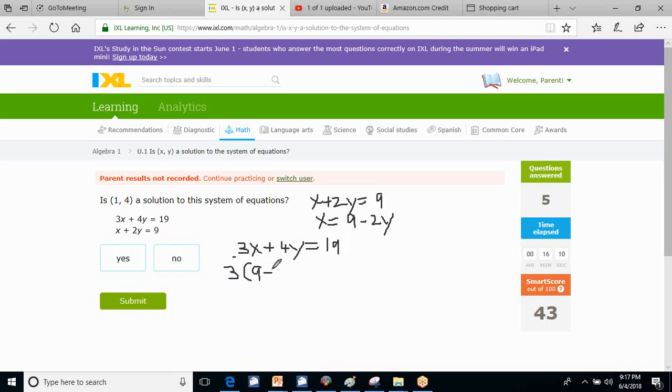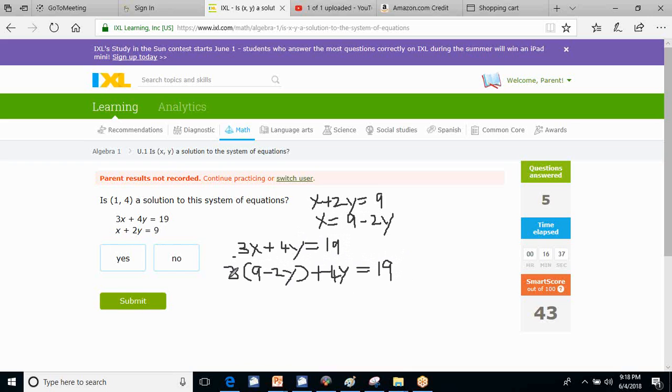So 3 times x, but x is 9 minus 2y, plus 4y. We're just rewriting the equation, putting in x, and that's equal to 19. Are you following so far? Yes, I'm following.